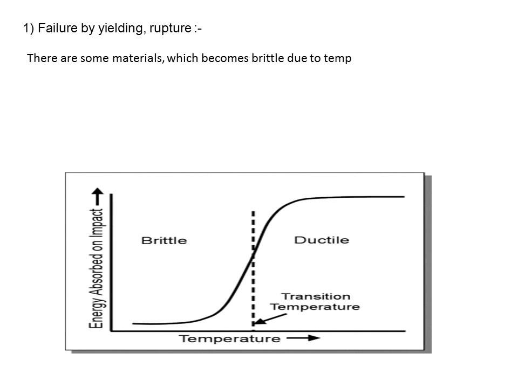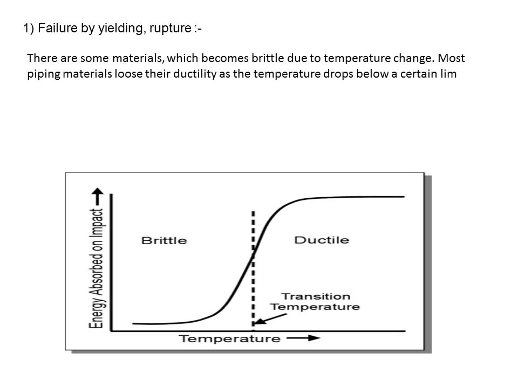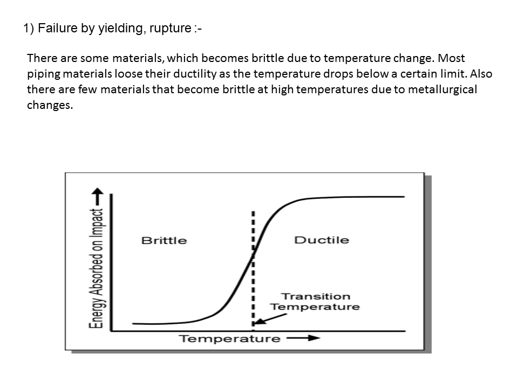There are some materials which become brittle due to temperature changes. Most piping materials lose their ductility as the temperature drops below a certain limit. Also, there are a few materials that become brittle at high temperature due to metallurgical changes. So here we see as the temperature increases, the ductility also increases. That is, when we go down the line in temperature, the energy absorbing capacity of a material decreases and the material tends to become brittle.